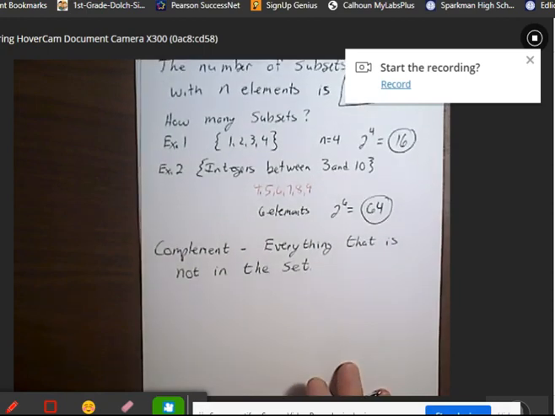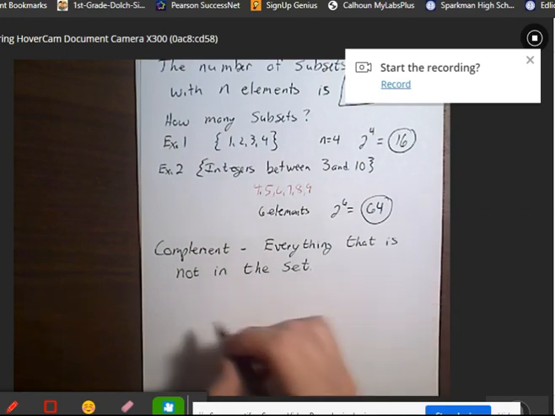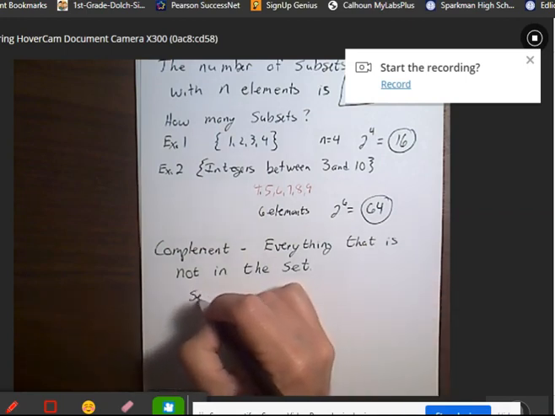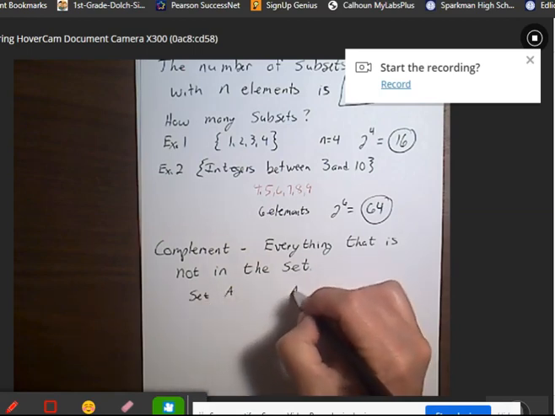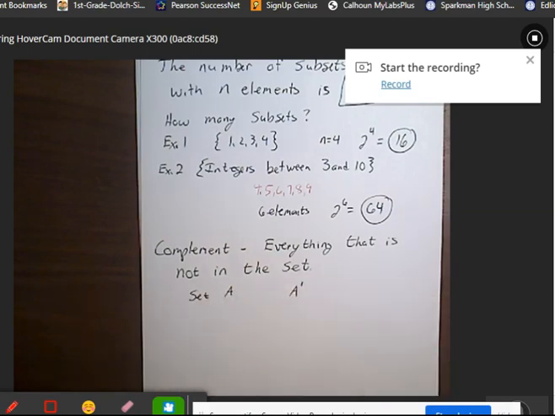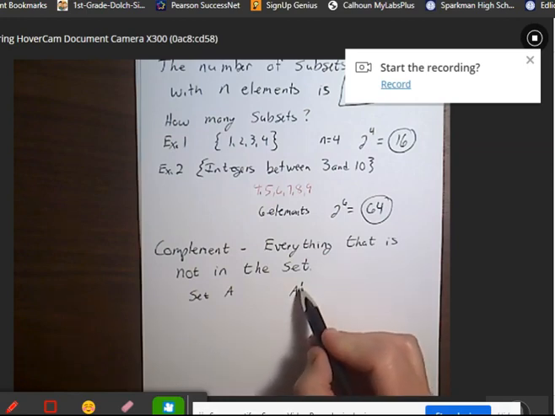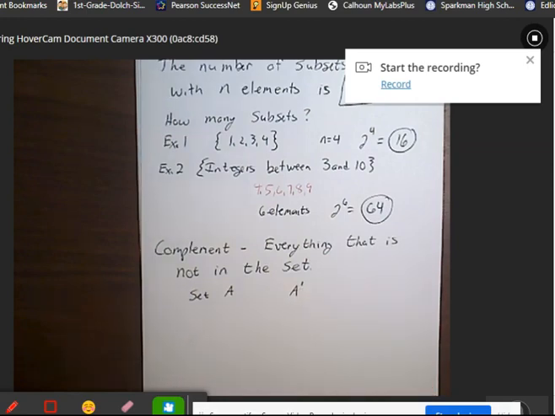And the notation that they're going to give you for that one is basically they call it a prime. So if you were talking about set A, then the complement would be A, and they put a little tick mark at the top, so it's A prime. So whenever you see the prime part of it, that's what the notation is going to be for complement.